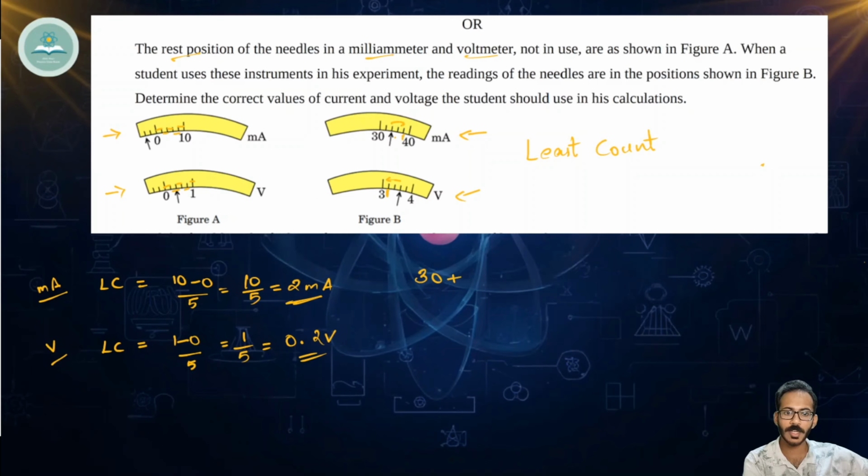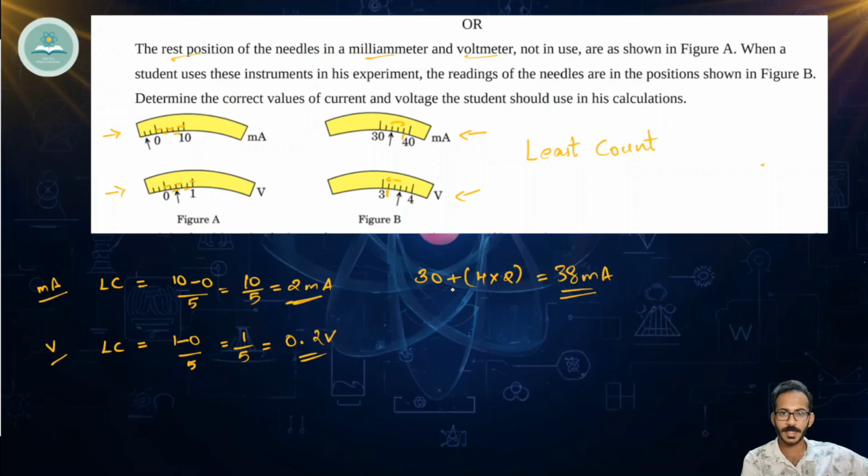It is supposed to stand at fourth line. It's actually standing on the second line, but when we correct it, it is supposed to stand on this fourth line. So 30 plus 4 into the least count value, that is 2. That is 4 into 2 is 8. 30 plus 8, that is 38 milliampere is the answer.